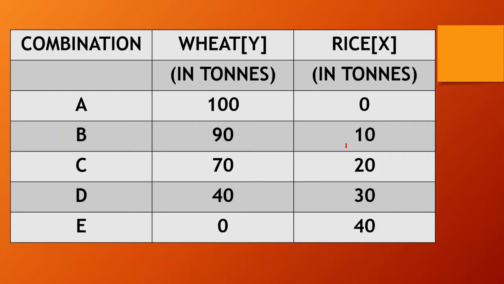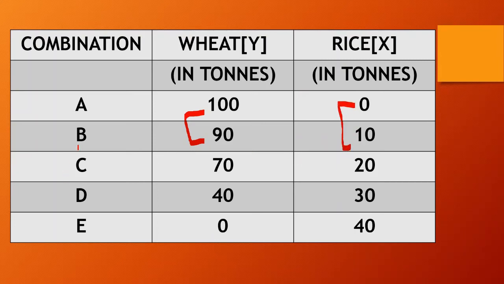So children, you can see over here the rate of production is changing. From 100, it has been reduced to 90 and from 0, it has increased to 10 tons. So when I am sacrificing 10 tons of wheat, an increase of rice is taking place by 10.